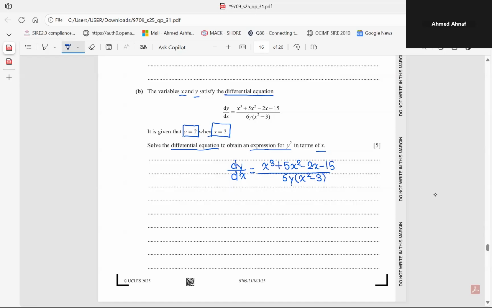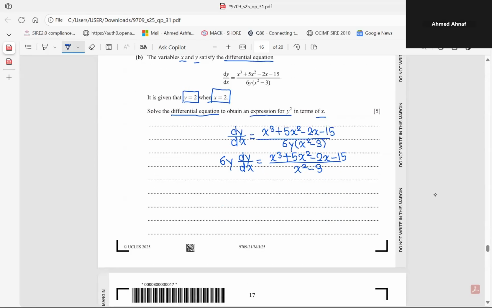Okay, let's multiply both sides by 6y. Let's multiply both sides by dx.